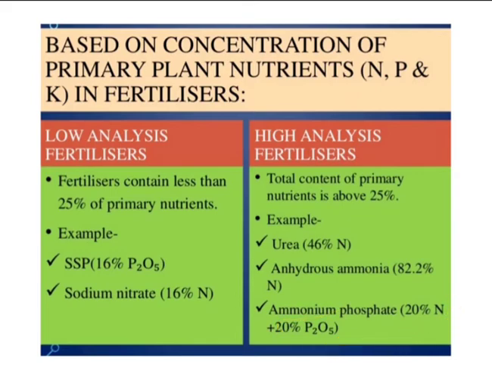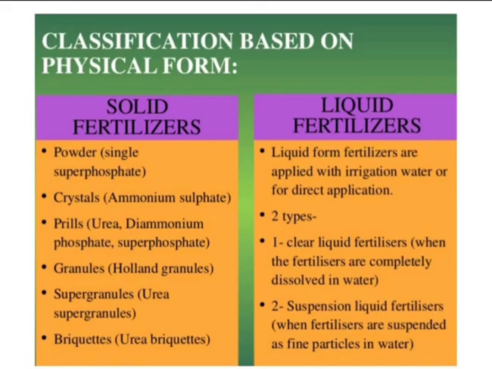By adding both, 40% nutrients are there. So these are the low analysis fertilizers and the high analysis fertilizers. Again I am repeating, low analysis fertilizers contain less than 25% NPK, and high analysis fertilizers contain greater than 25% NPK.